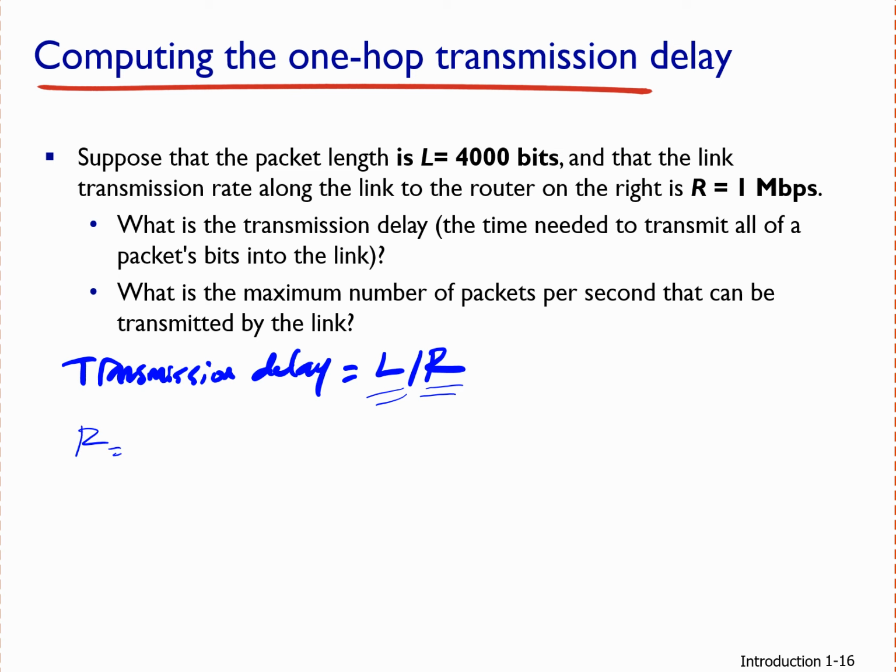R equals 1 megabit per second, which equals 1000 kilobit per second, which equals 10^6 bits per second.